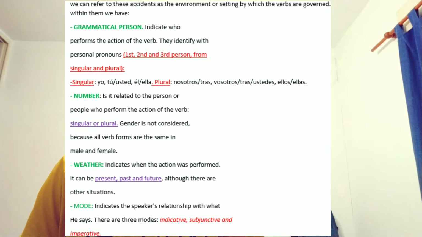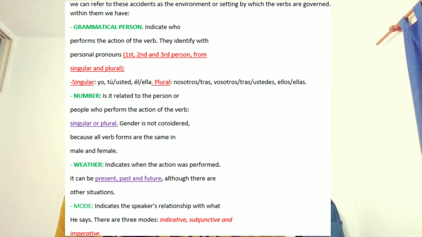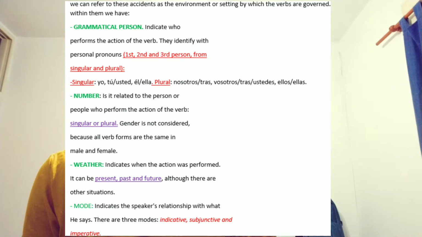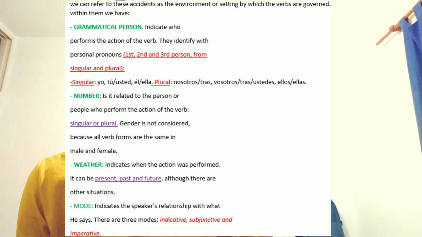You have first person, second person, and third person, and you have singular and plural. In singular you have yo, tú, usted, él, ella. In plural you have nosotros, nosotras, vosotros, vosotras, or ustedes if you are talking in Latin American Spanish. And what more do you have? Ellos and ellas.